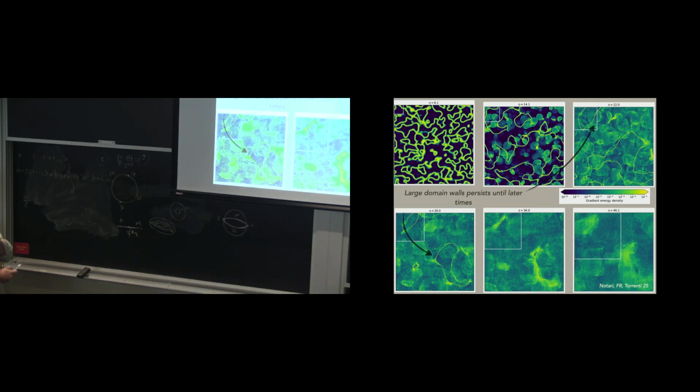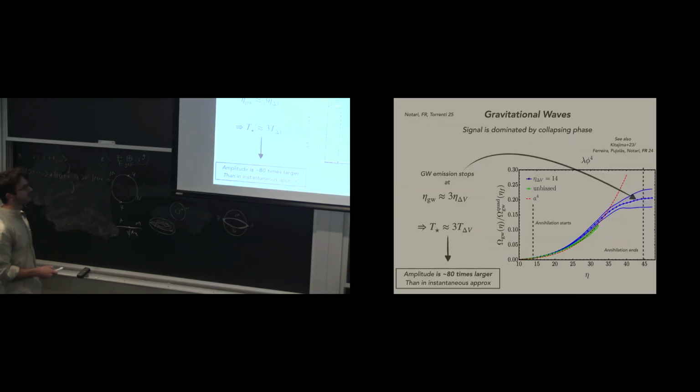So here the simulation is set such that the network should annihilate at time 14, but it actually keeps evolving for a while before it completely disappears. And this translates in terms of gravitational waves. This is Omega gravitational wave, the time dependence of this quantity. It translates into the fact that the instantaneous annihilation approximation stops here, whereas actually the signal keeps growing for a while before stopping at a later time that is roughly a factor of 3 different.